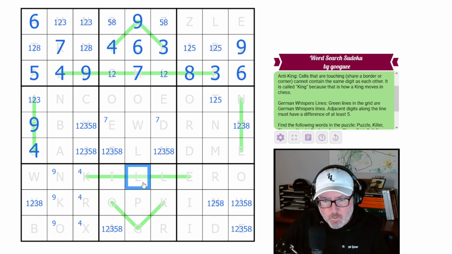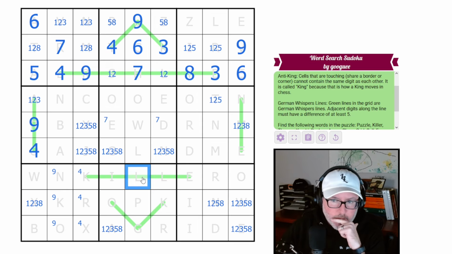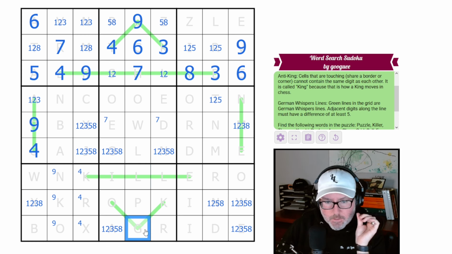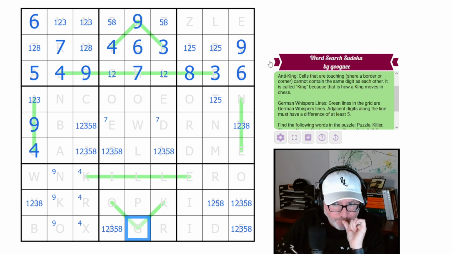So if this was a high, it would be an 8. Can we use that to our advantage? The same goes for this one. I guess what we know is that one of these two is absolutely a low digit. Although I don't know if we can say the same about the other one.